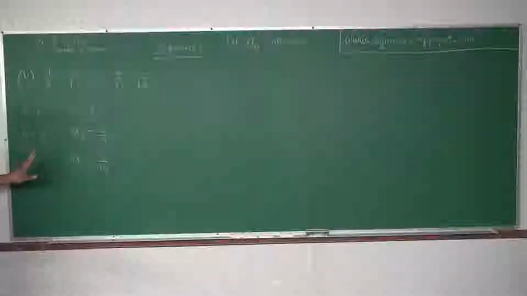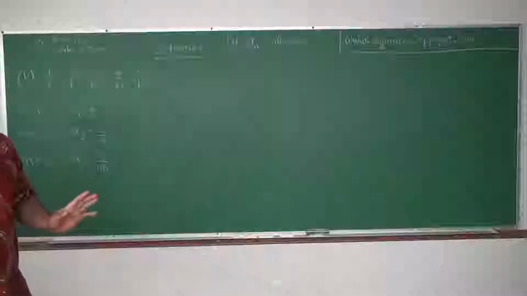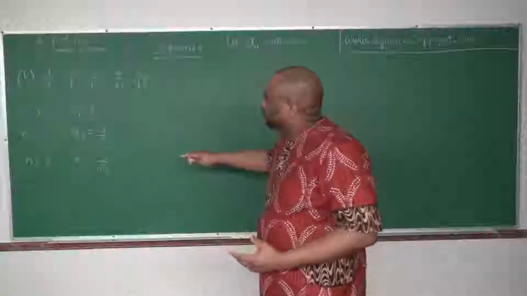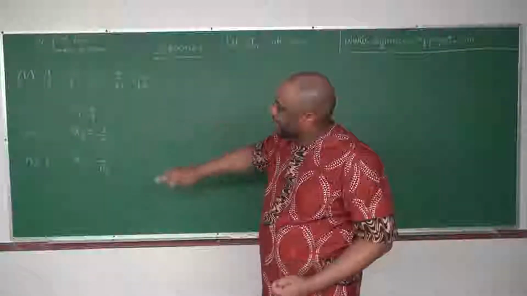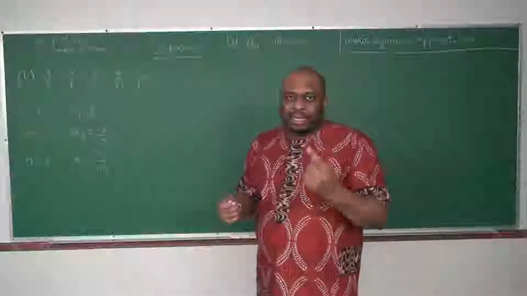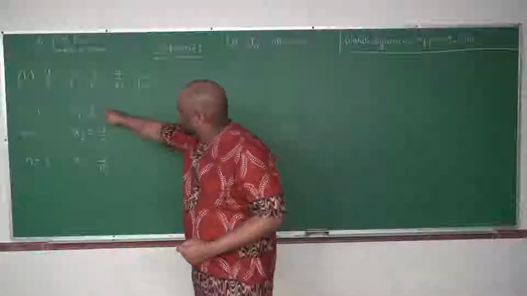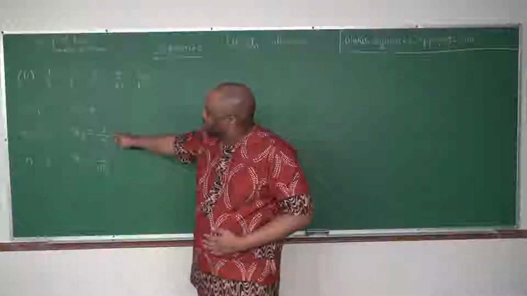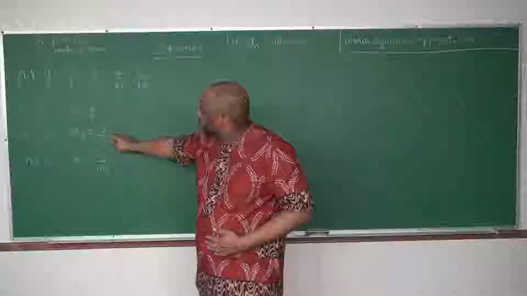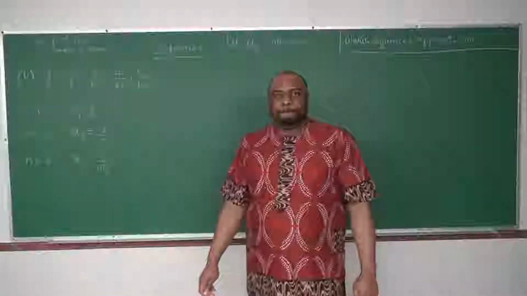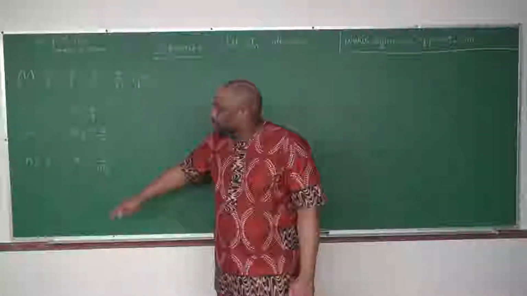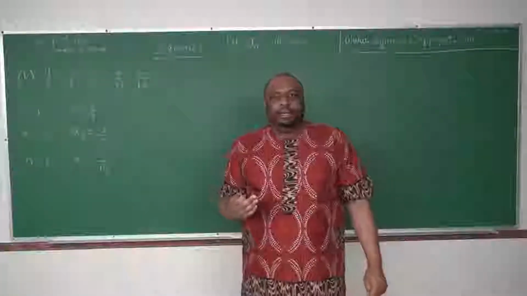So, you ask yourself though, do you notice something here? When n is 1, the numerator is 1. When n is 2, the numerator is 2. When n is 3, the numerator is 3.